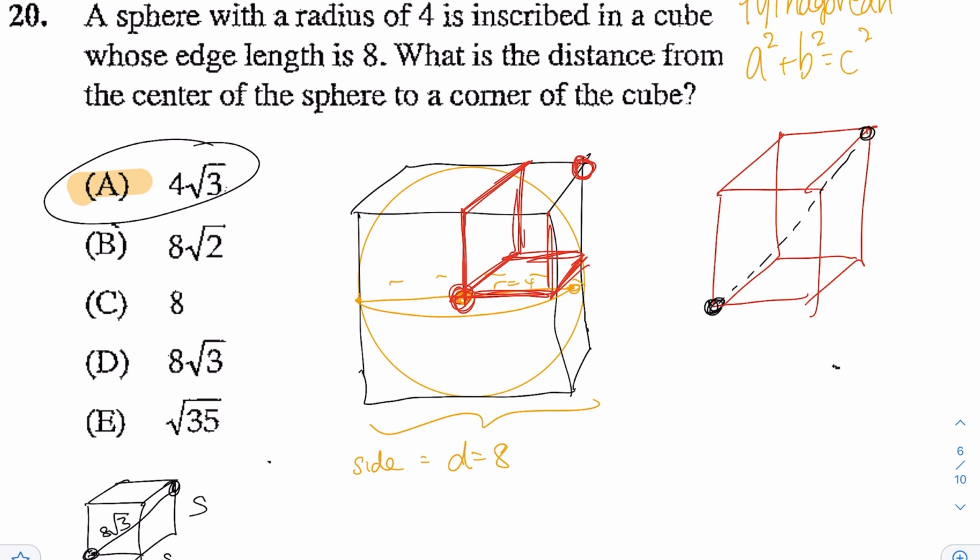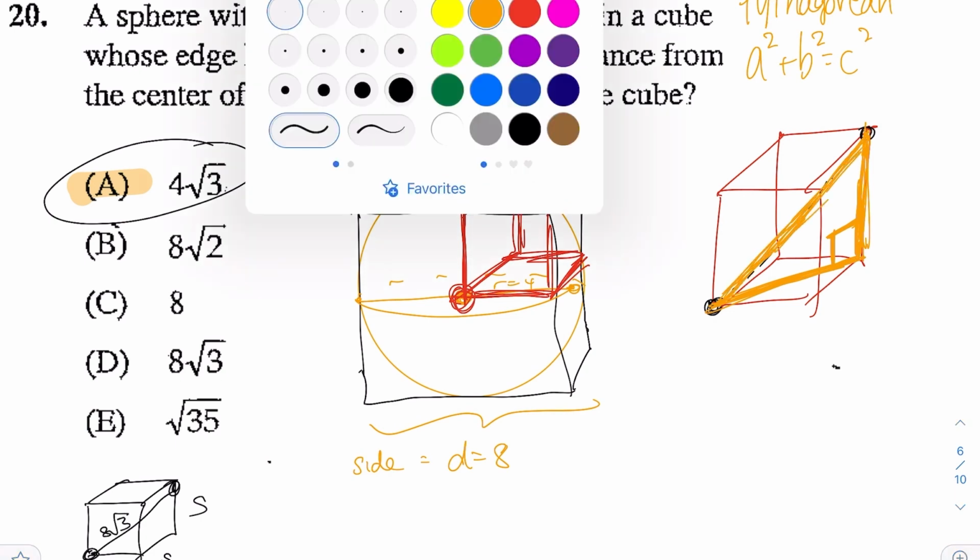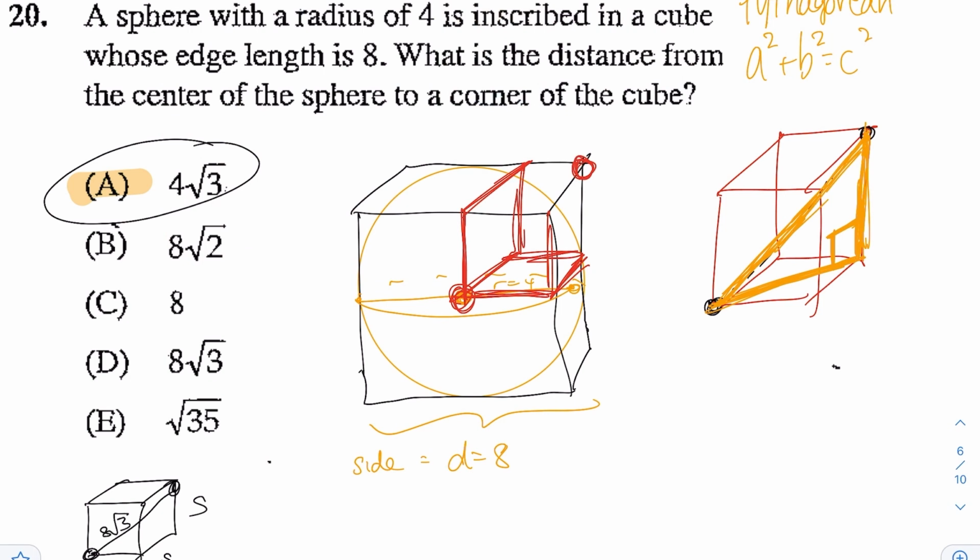So in order to find the diagonal of this cube, you have to first draw this right triangle that kind of cuts across the slanted diagonal of the base. So the first thing to do is find the diagonal of the base. This side is just the side of the cube, which is 4. And here, this is the diagonal of the base.